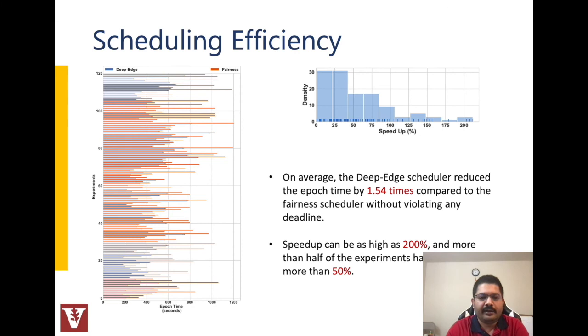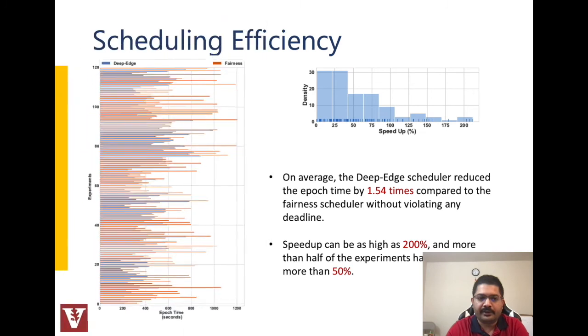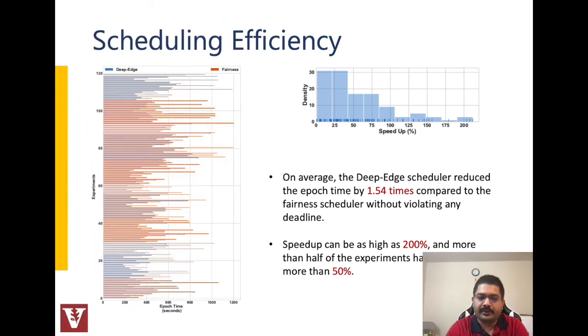And here you can see that our scheduling strategy is 1.54 times more efficient than if we give an equal amount of data to the individual nodes. The red points show dividing the data points fairly among individual workers, and the blue points show how DeepEdge performed.